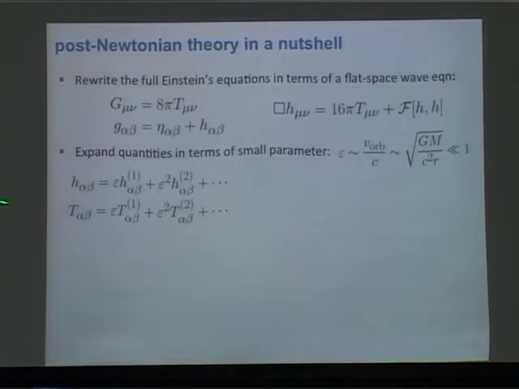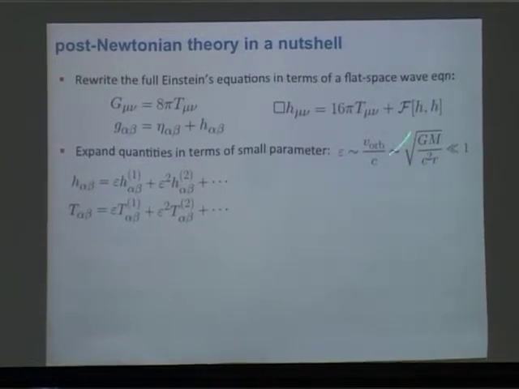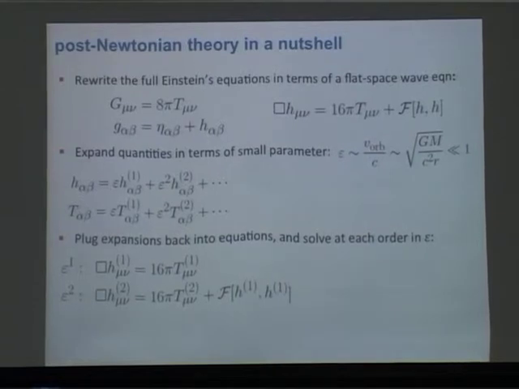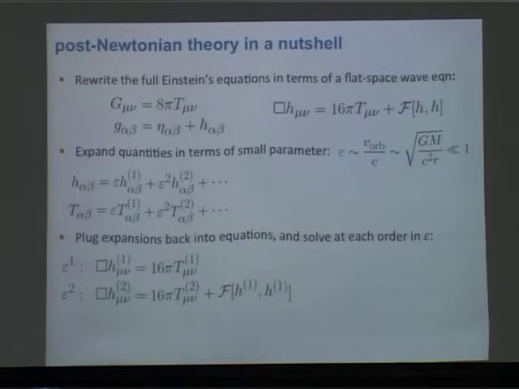So you expand out your metric in terms of this small parameter, and you likewise expand out your stress energy tensor also in terms of this small parameter, say the velocity. And then you do an iterative procedure where you take the first order result for your stress energy tensor and your first order result for your metric perturbation, and you solve it order by order. So you do the standard thing that you do in perturbation theory.